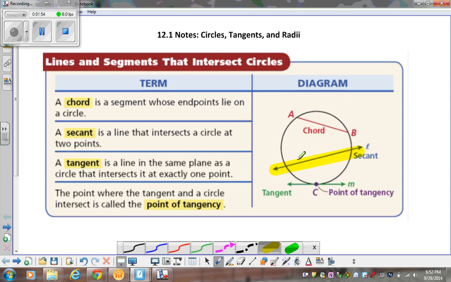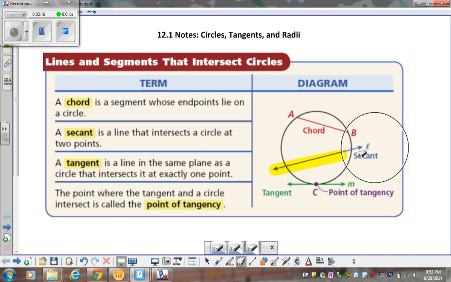Just like the chord, it touches the circle twice. However, unlike the chord, it keeps going outside of my circle. So it hits the circle twice like a chord, but it keeps going. That's a secant.